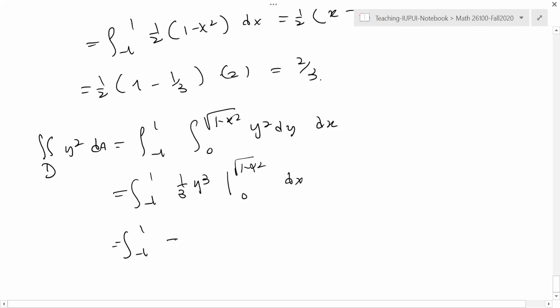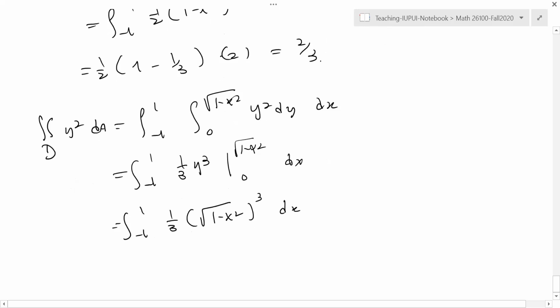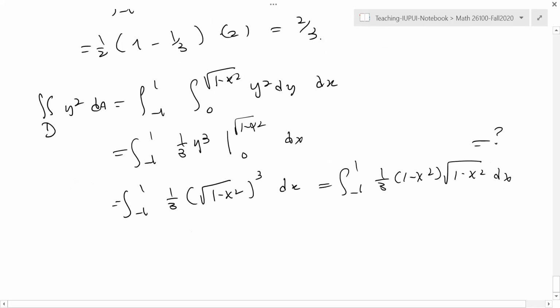When you plug in the square root of 1 minus x squared and cube it, how do you evaluate this integral? So that's a problem. There's no way you can do that.